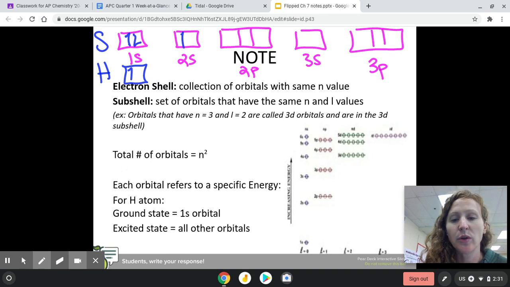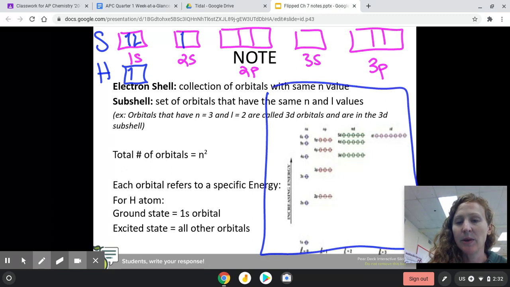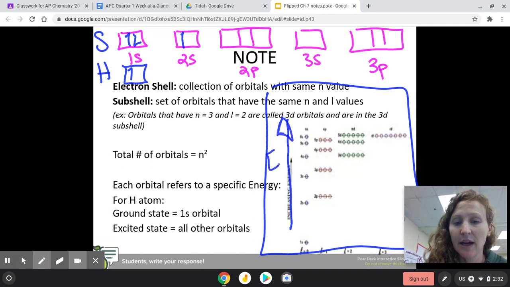is more easily shown if you look at the orbital diagram in terms of energy. So that's what you're going to see down here at the bottom of the page. This is more of an energy diagram view. You'll see the arrow on the side over here that has the E. At the bottom would be low energy orbitals, and the top would be high energy orbitals.